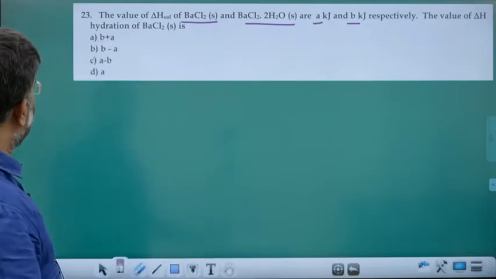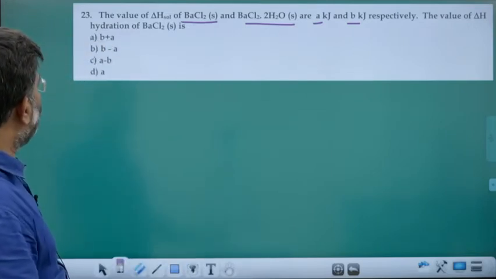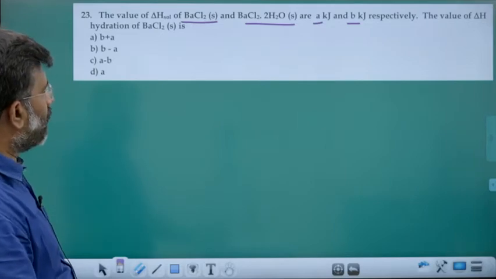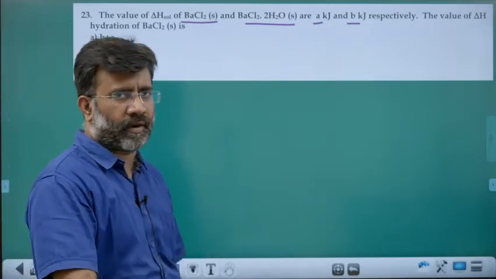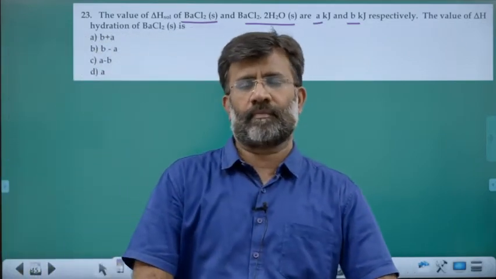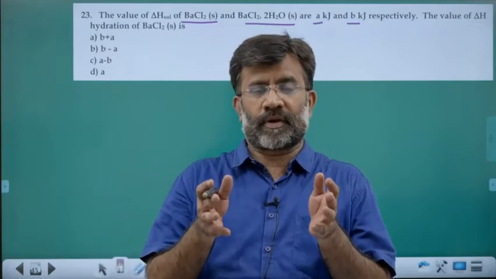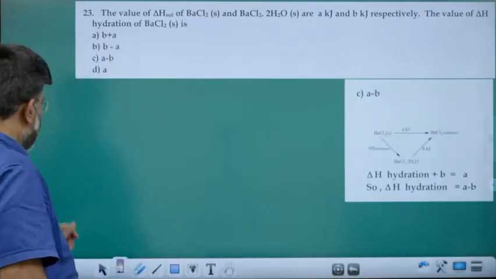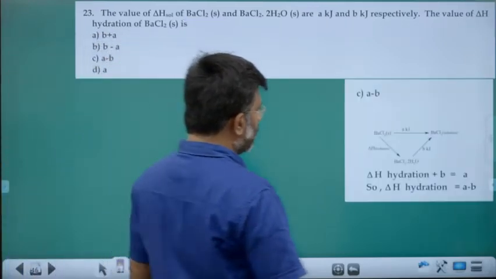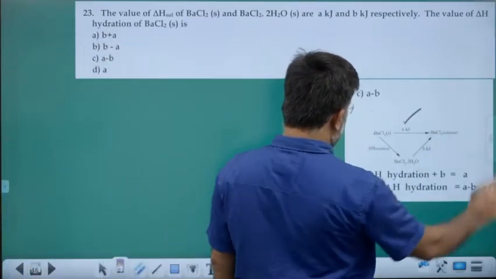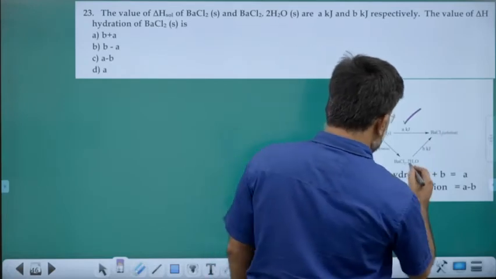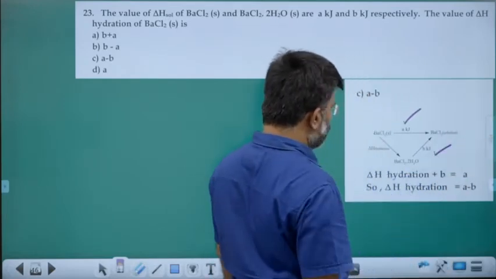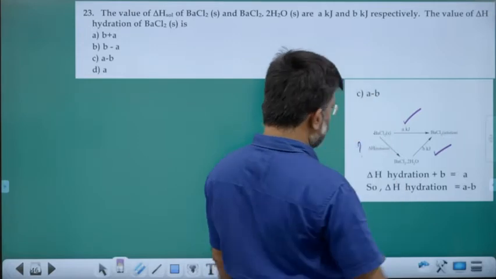The value of delta H hydration of barium chloride is. Another question from the application of Hess's law. You see that this converted to solution A kilojoule. This converted to solution B kilojoule. What is this? That is a question.